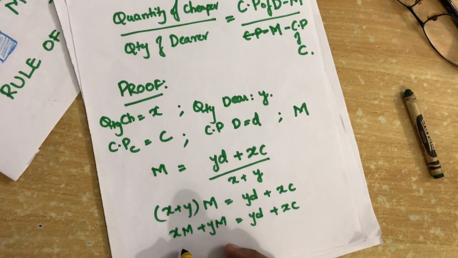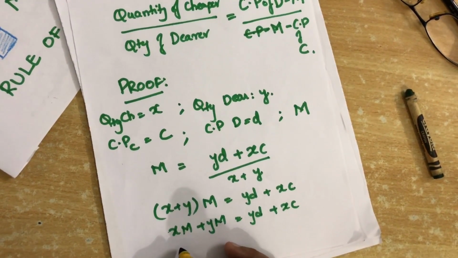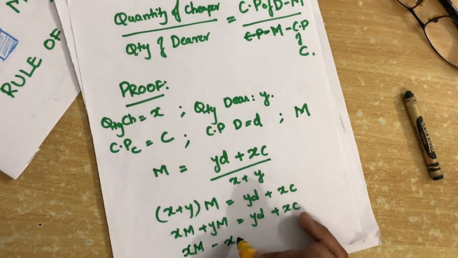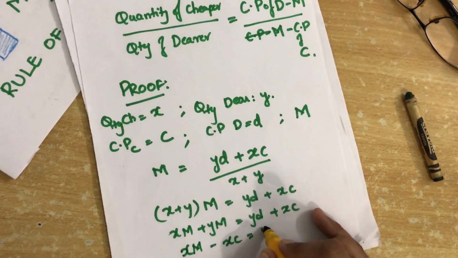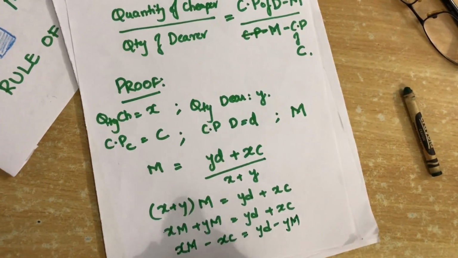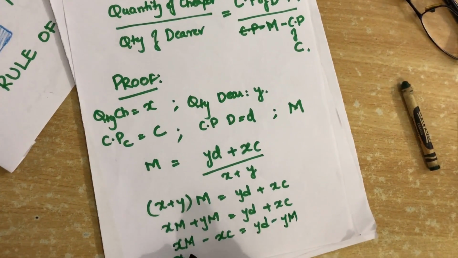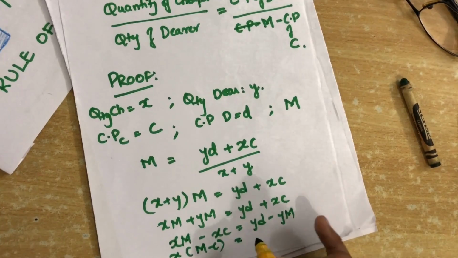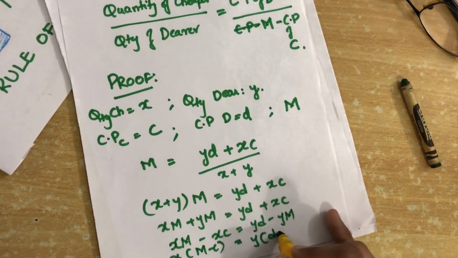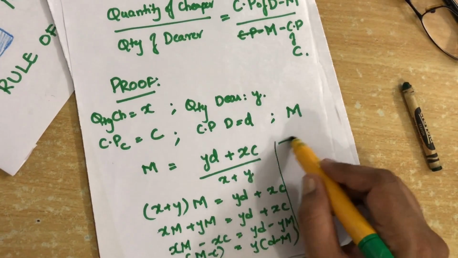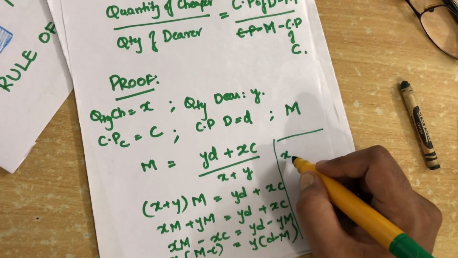So what I have is XM minus XC is YD minus YM. So X into M minus C is Y into D minus M. So now, what do we get?